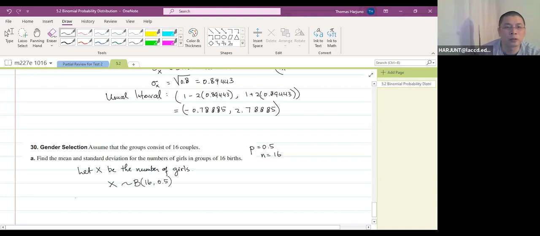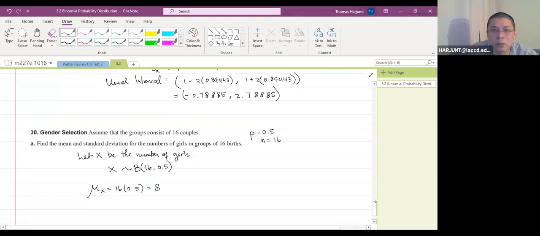The question in part A is finding the mean. The mean will be 16 times 0.5, that equals 8. Am I okay right now?